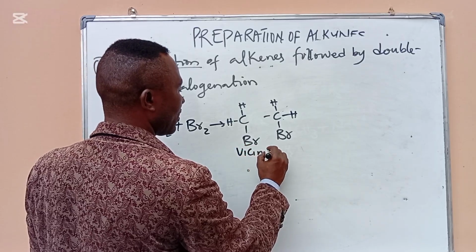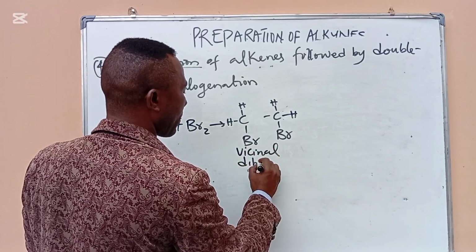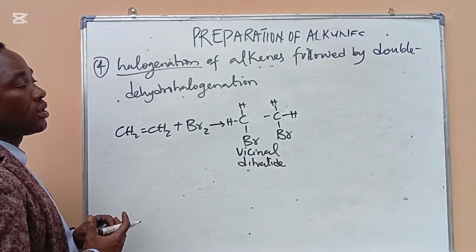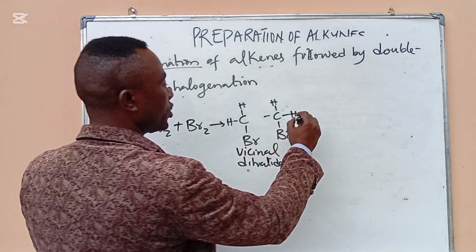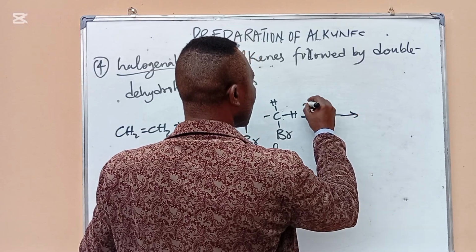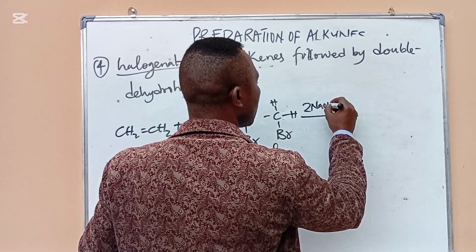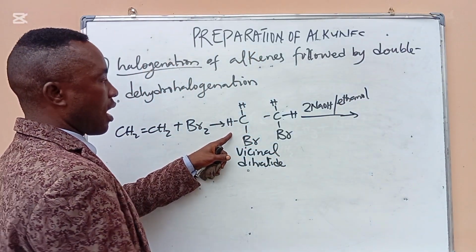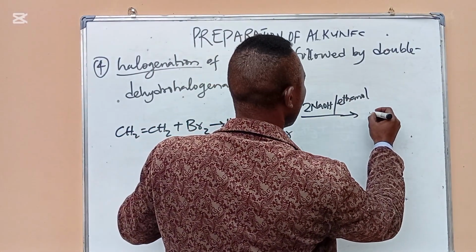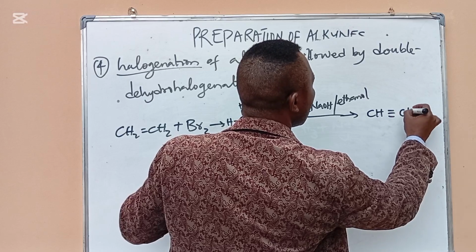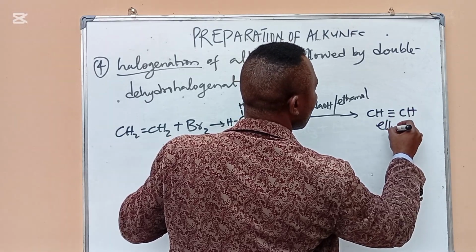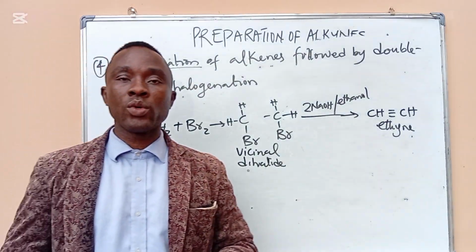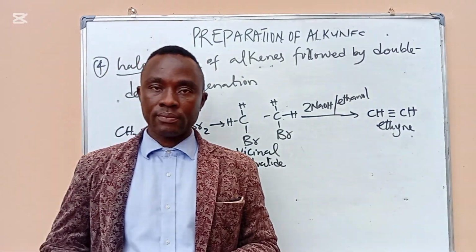Then we can do double dehydrohalogenation with 2 NaOH in ethanol. What we'll have is CH triple bond CH, which is ethyne. So these are the 4 methods by which alkynes can be prepared.